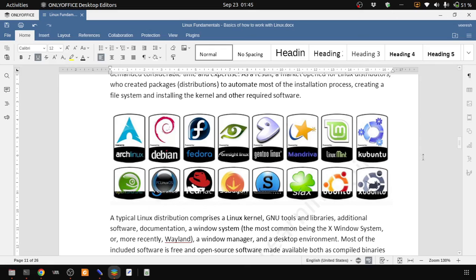In this series, I'm going to help you with how to work with Linux, basically with the command line. I use the Ubuntu version of it, with the command line and also with the GUI. So how to do things, or how to achieve some of the tasks that you want to achieve.